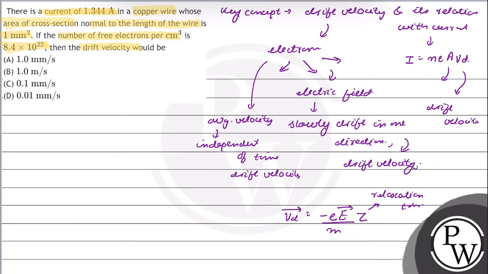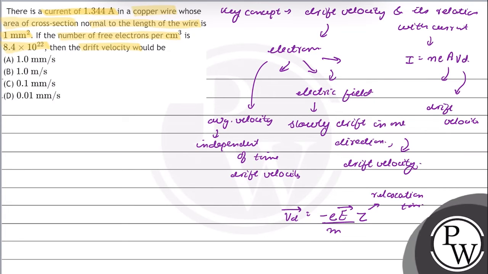In this question, we are given the value of I as 1.344 ampere, n as 8.4 into 10 raised to the power 22 per cubic centimeter, and area as 1 mm square.